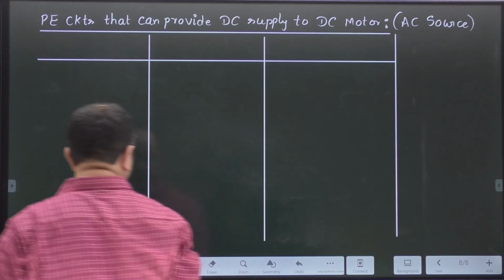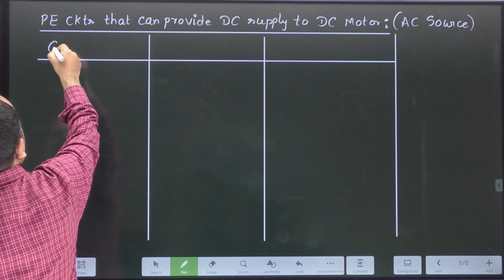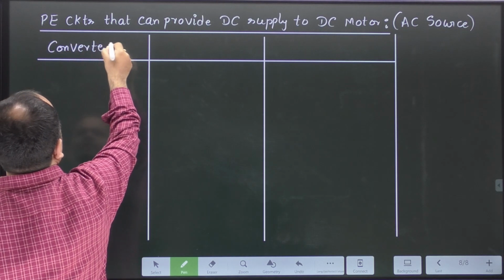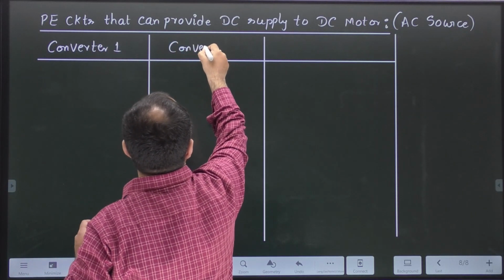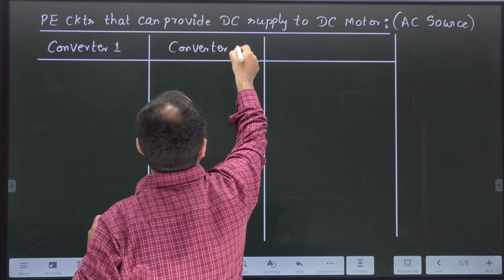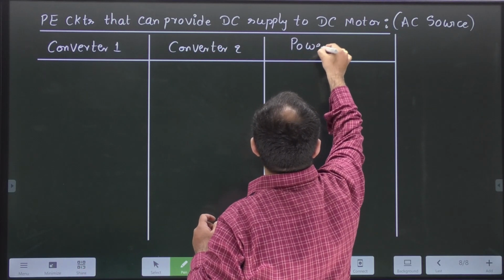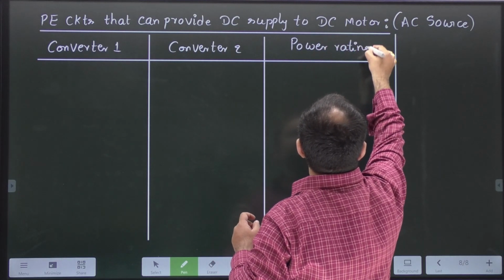Let me write like this: converter 1, converter 2, and power rating.